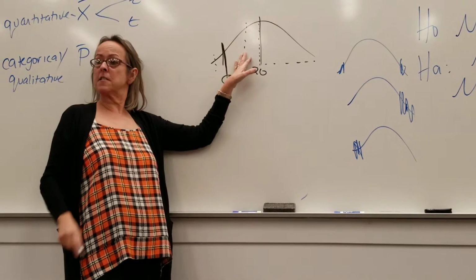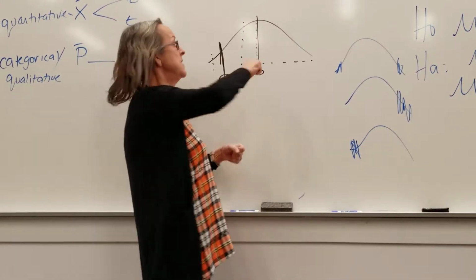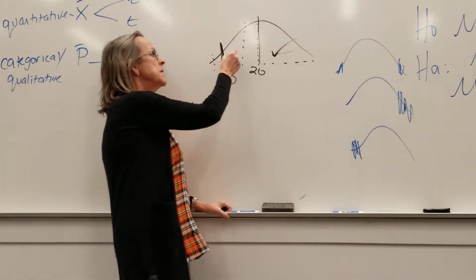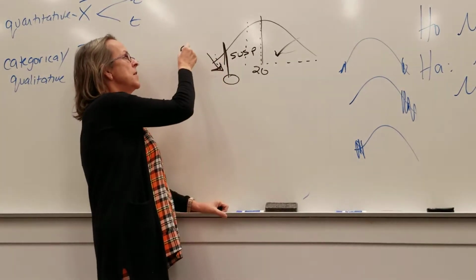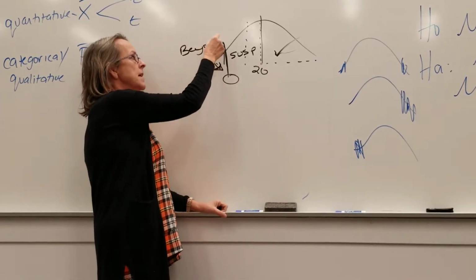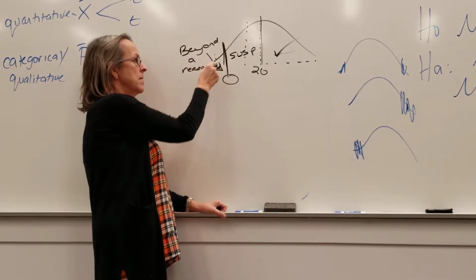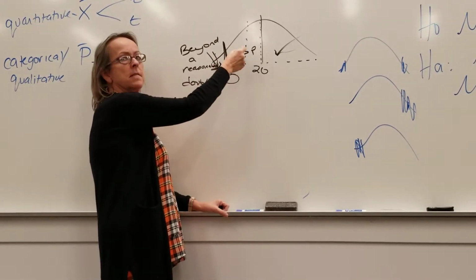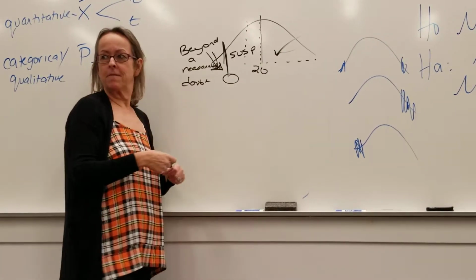So here you're suspicious. Here you are good to go. I got 21 ounces, oh, you are stellar. Here I'm suspicious. Here, this is beyond a reasonable doubt. Here you're guilty. Here you're definitely fishy. Here you're good to go.